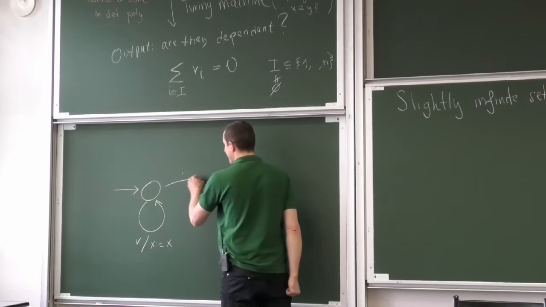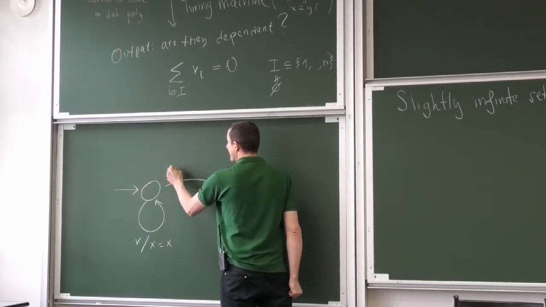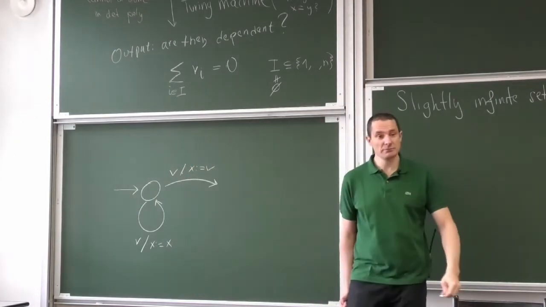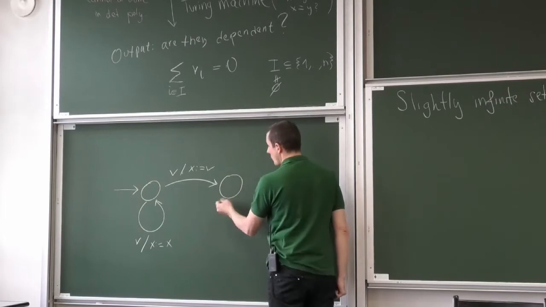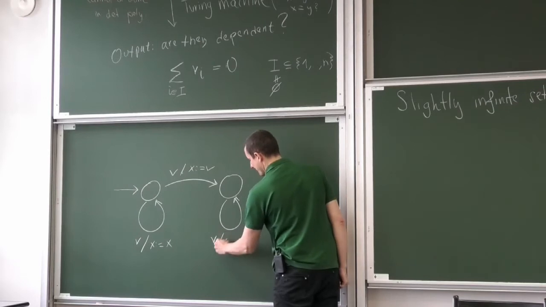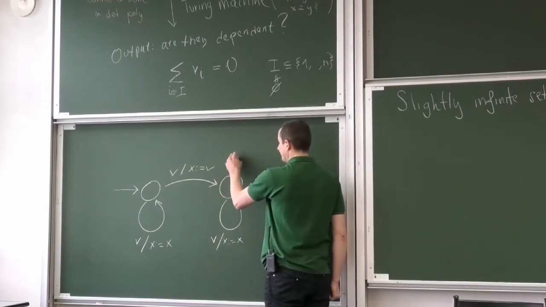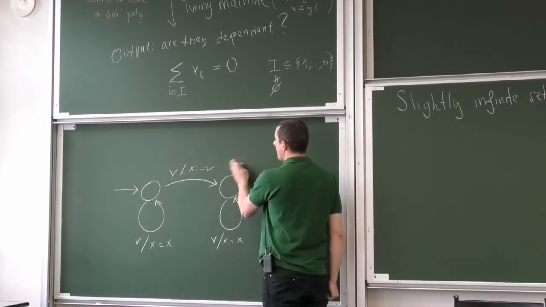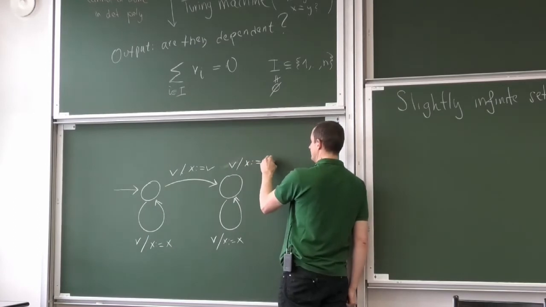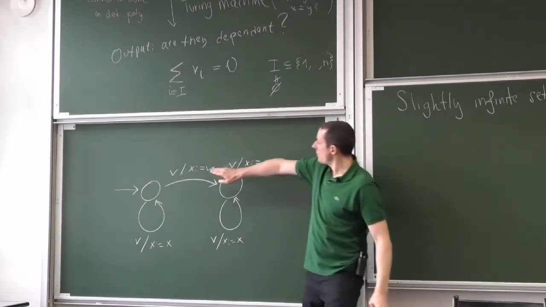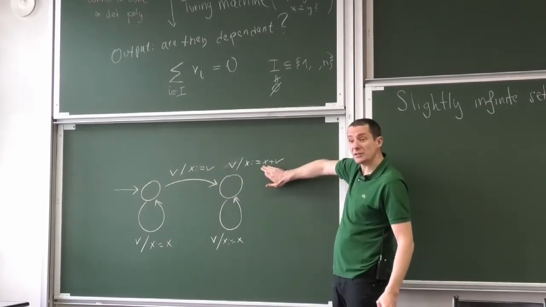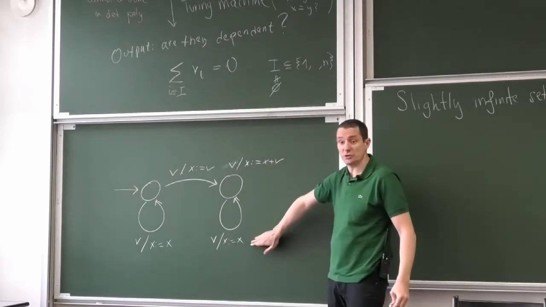Or you could put it into your register. Once you're here, so at some point you load the first vector into your register, and then sometimes you add the input vector to your register, sometimes you don't.